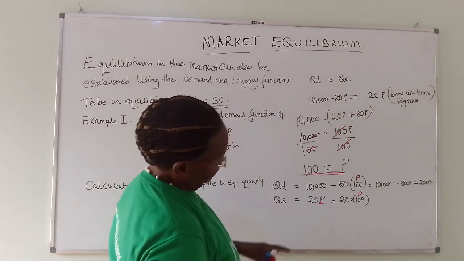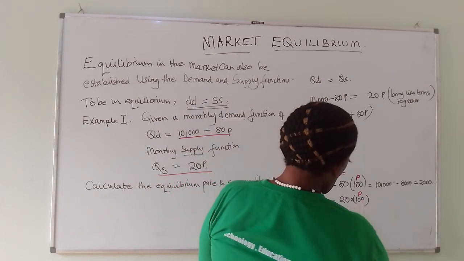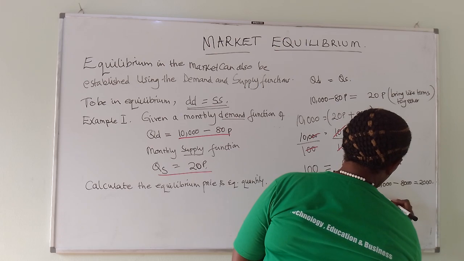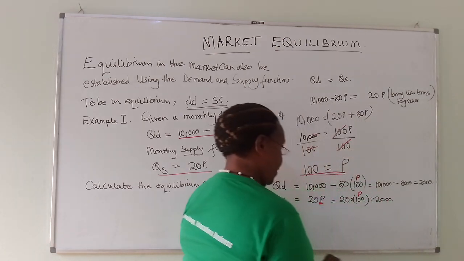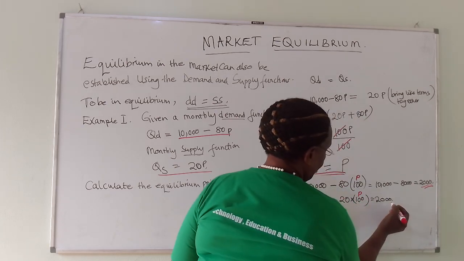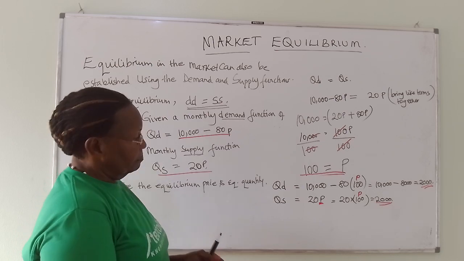Then quantity supplied, we have 20p, and 20 multiplied by 100 gives you 2,000. And we find that the 2,000 demanded is exactly the same as the 2,000 supplied.